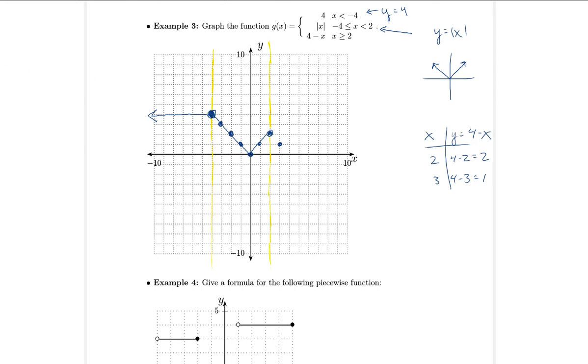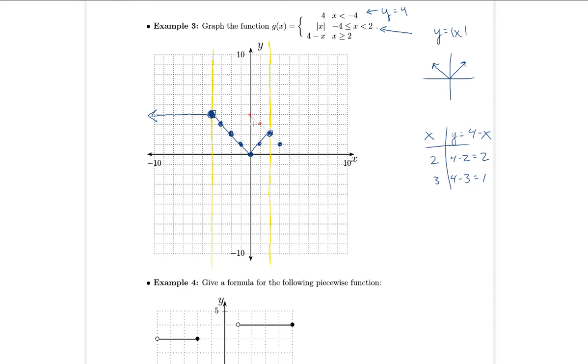So some of you may have done this. Some of you may have said, okay, well, I could go up to 4 and then down 1 over 1, down 1 over 1, and so on. And that's fine. What you have to realize is you can go ahead and draw that line in there, that's okay.